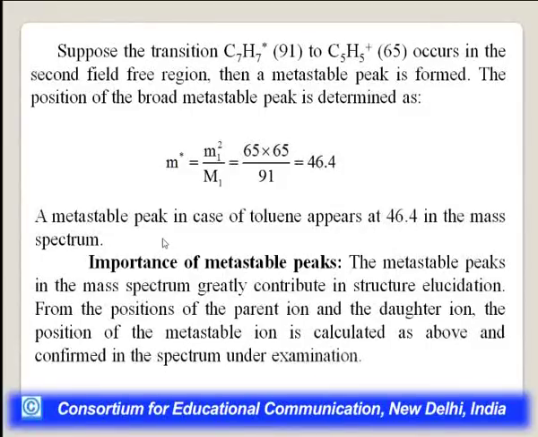Now, what is the importance of metastable peaks? The metastable peaks in the mass spectrum greatly contribute to structure elucidation. From the position of the parent ion and the daughter ion, the position of the metastable peak is calculated as above and can be confirmed in the spectrum under examination.